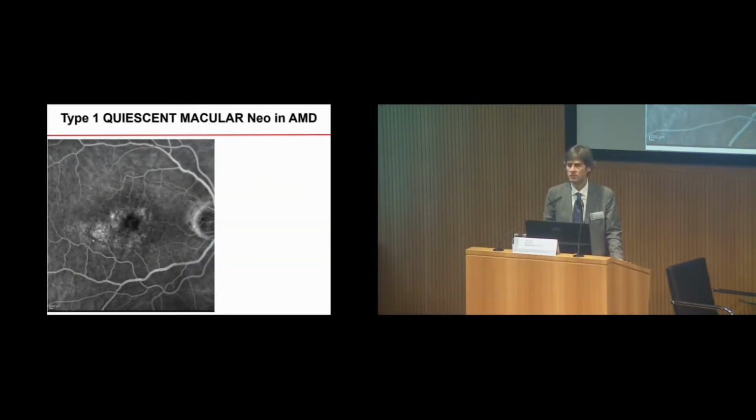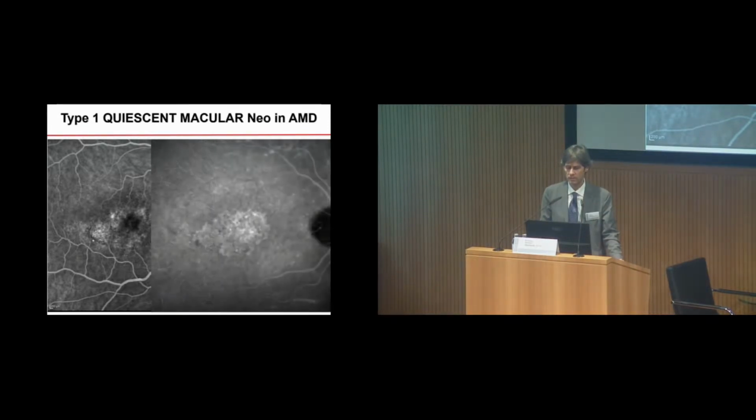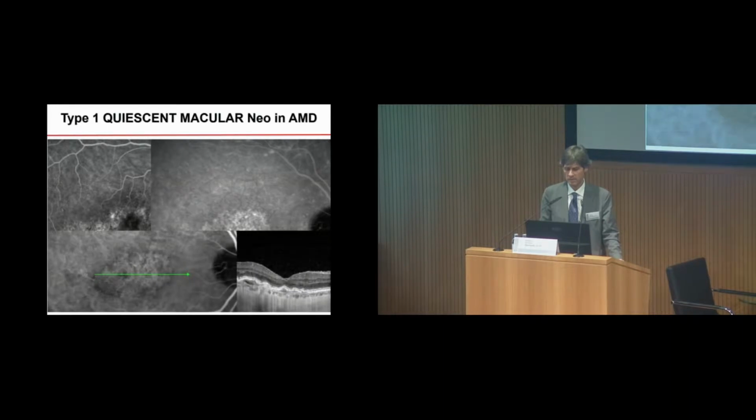In the context of type 1 neovascularization, we also have what we originally described in this paper as quiescent type 1 neovascularization. At the time of this publication in IOVS, we defined this neovascularization as visible on late phase ICG, but without exudation, and these were all treatment-naive cases.